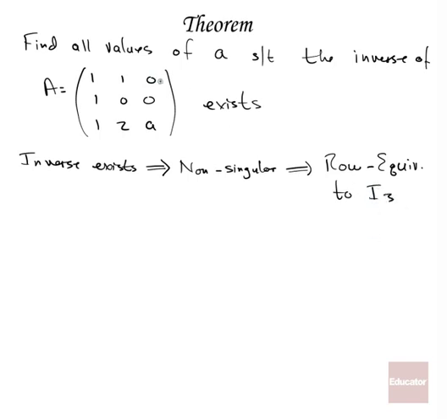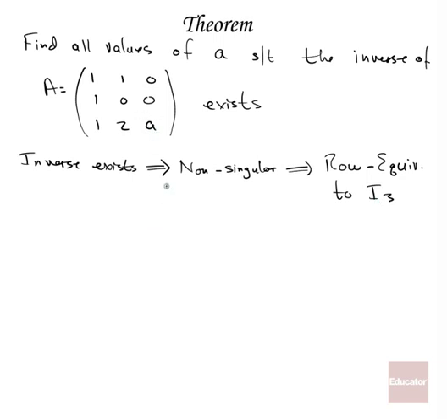In other words, I should be able to, by a series of those things that we do to convert it to a reduced row echelon form, convert this to the identity matrix, the 3 by 3 identity matrix, with 1's all along the main diagonal. So let's go ahead and actually do that and see what happens by using A.